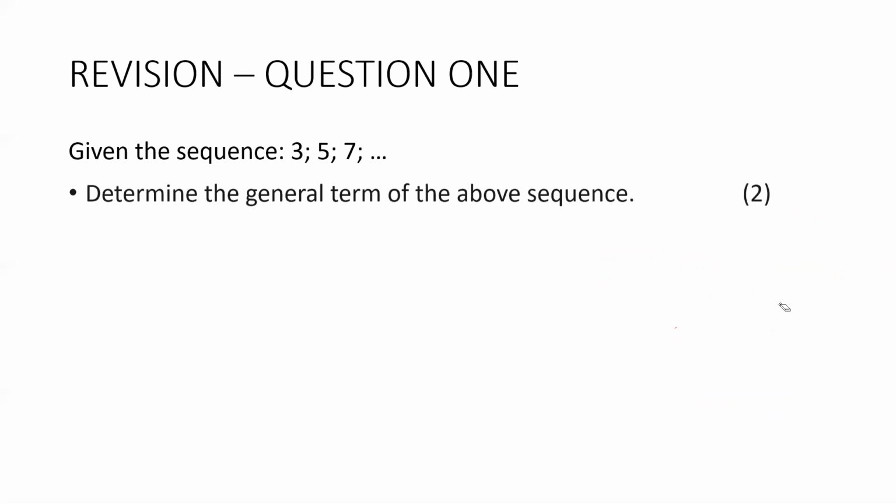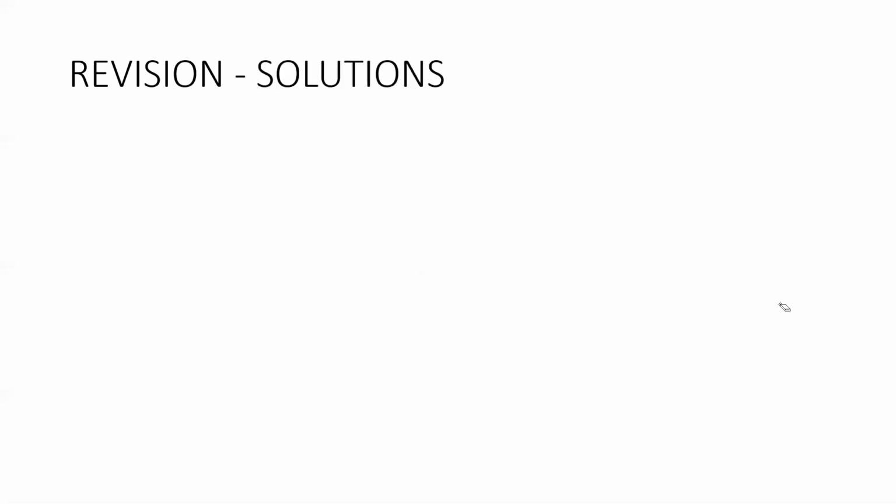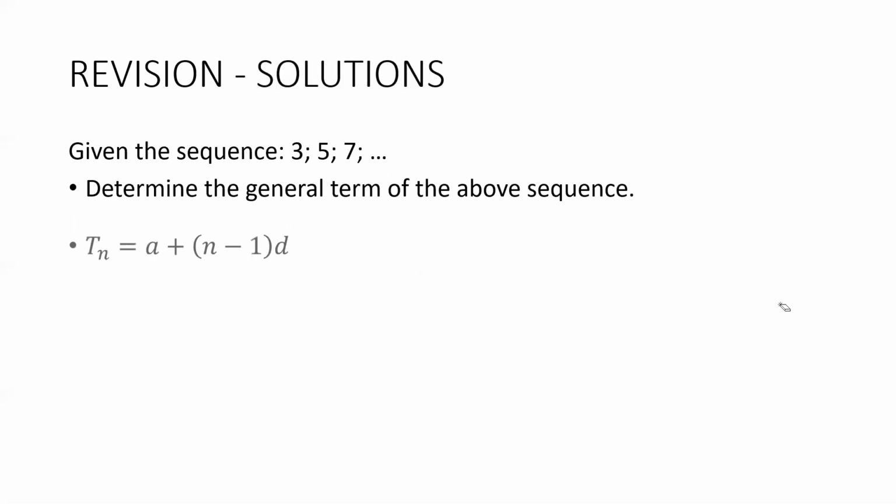Just now. Okay. Let us look at this question here. How do we do it? Let's first determine the general term. How would you determine the general term? By seeing if it has either a second difference, first common difference, or common ratio.